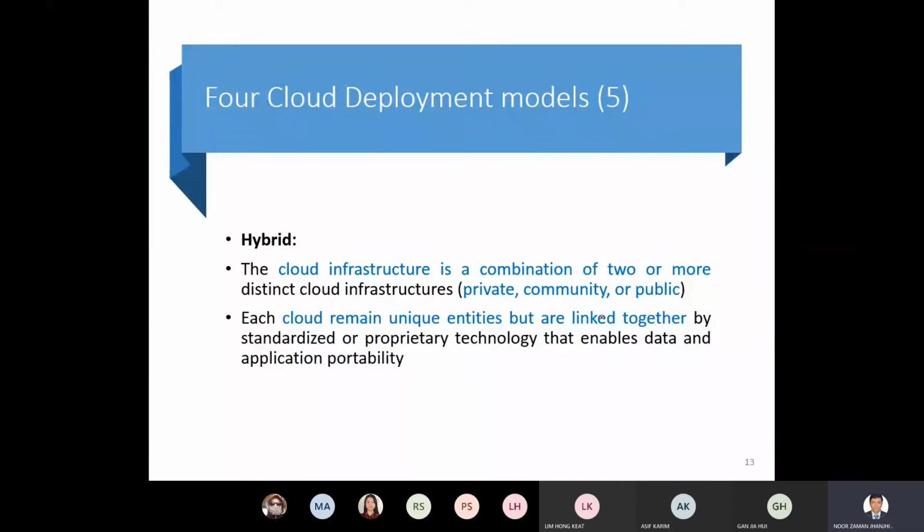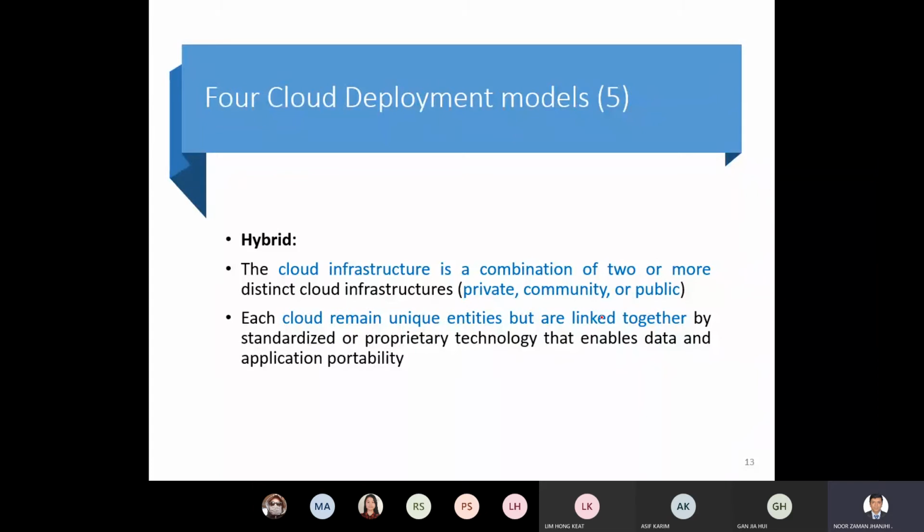Hybrid, as we already discussed, is where we mix two or more concepts. The cloud infrastructure is a combination of two or more distinct cloud infrastructures, that means a combination of two or more different types, maybe private, community, or public.